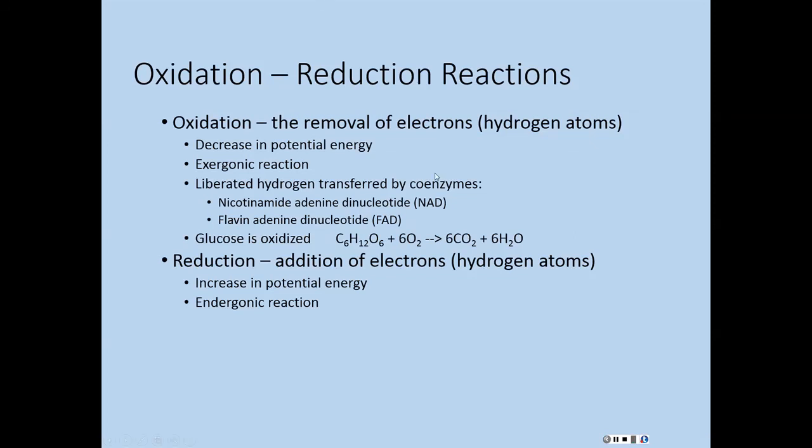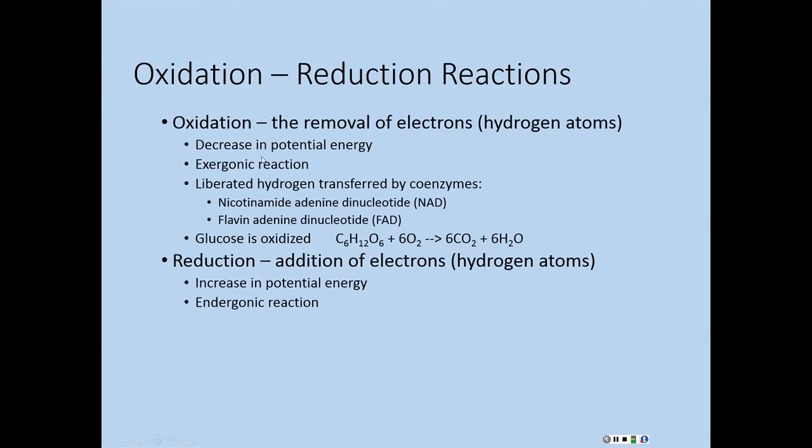So in the kind of reactions that we're going to be looking at, when the hydrogen atom is given up, it's transferred by coenzymes. We have two major coenzymes, and I do not even need you to have these names memorized other than to know NAD and FAD. So we're going to be looking at those.